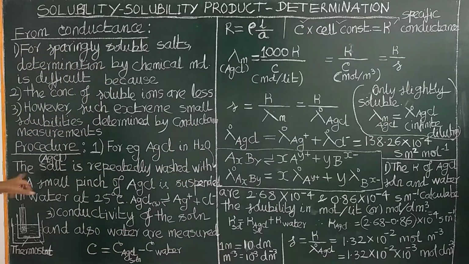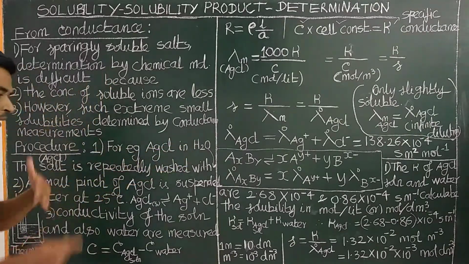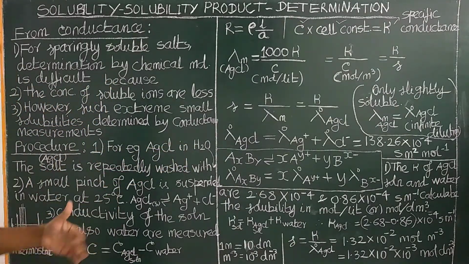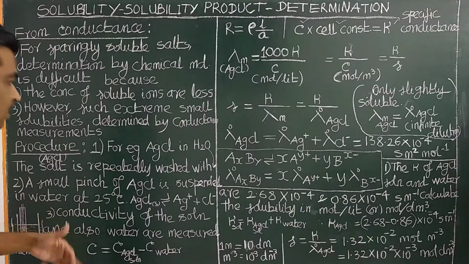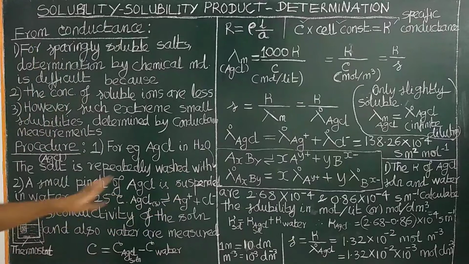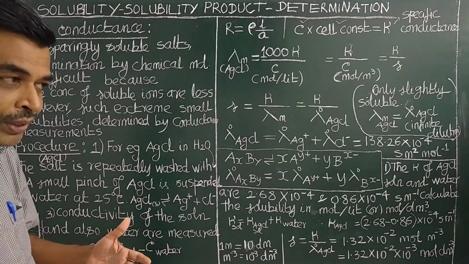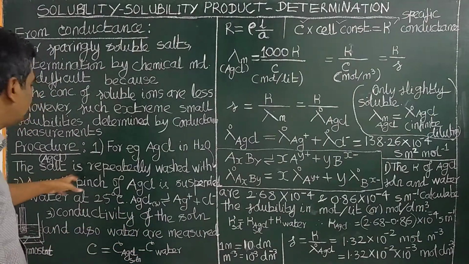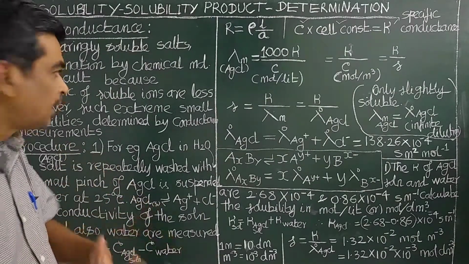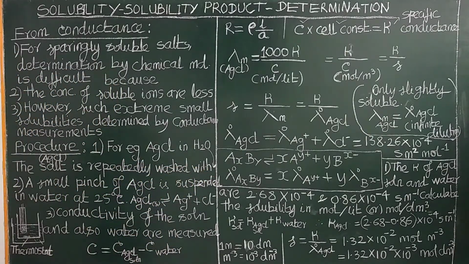The salt is repeatedly washed again and again with water to remove the soluble ionic impurities. For example, along with the silver chloride, there may be sodium chloride impurities.